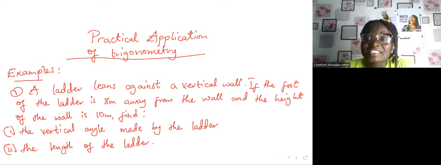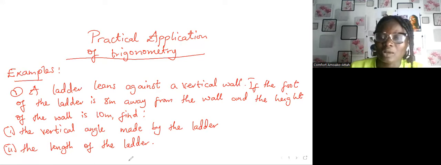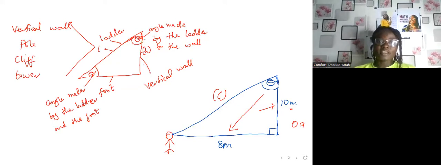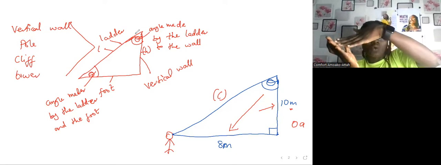Before I start solving for you, let me give you some terms that we usually use in this calculation. The first I'll give you is a vertical wall. If you have a vertical wall and a ladder is leaning against the wall, this is how the ladder will lean against the vertical wall, okay?